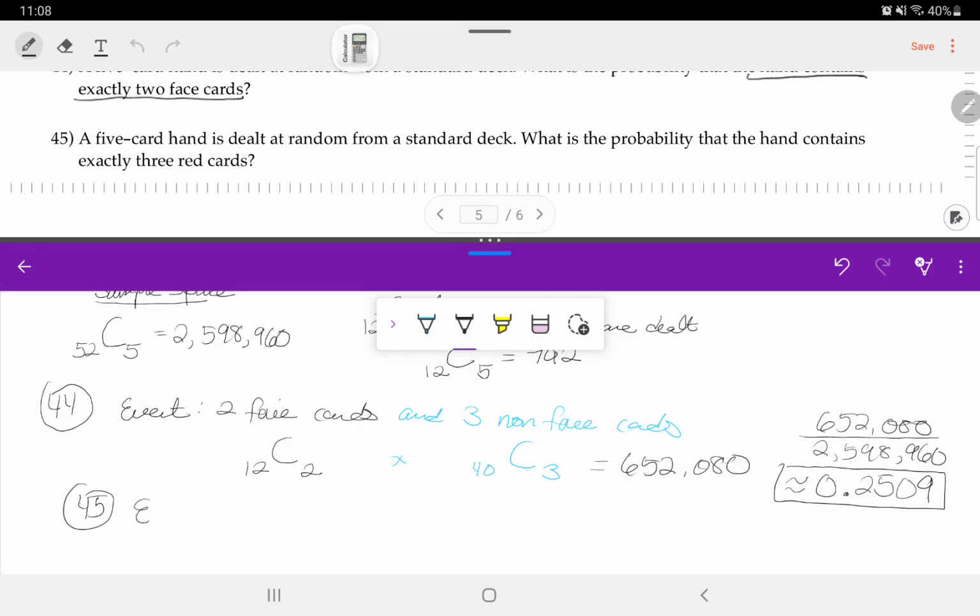So the event is exactly 3 red cards. There must be 5 cards in your hand in total. If 3 of the cards are red, I must choose 2 non-red cards.